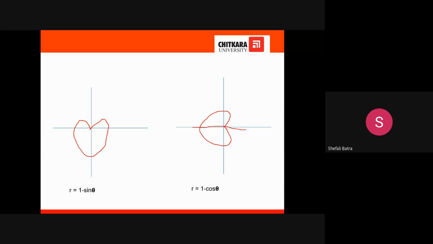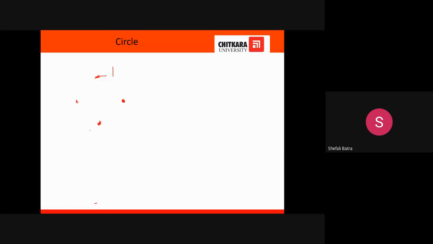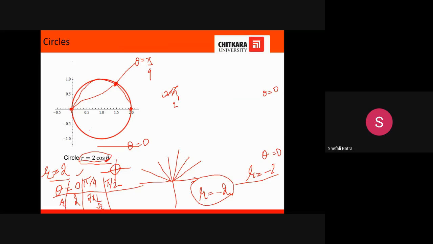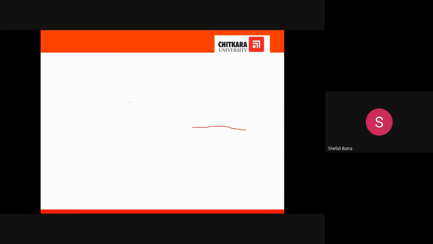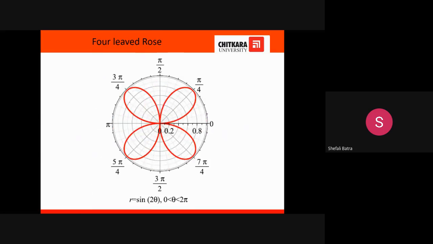And sine is symmetrical about opposite quadrant, or that is symmetrical about origin. So this is again a cos function, cos theta, symmetrical about x-axis. This is symmetrical in opposite quadrant, right? So you need to keep this in your mind.